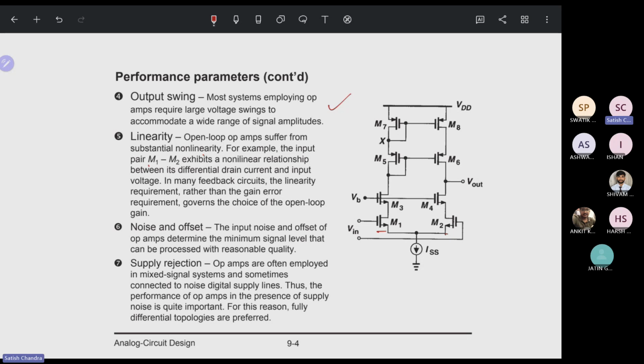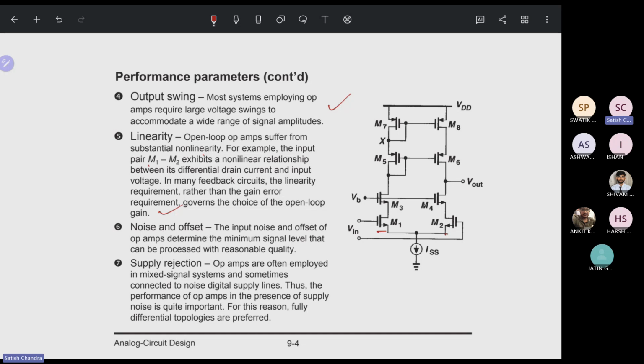In many feedback circuits, the linearity requirement rather than the gain error requirement governs the choice of the open loop gain. So we can choose accordingly how we are going to design our amplifiers.